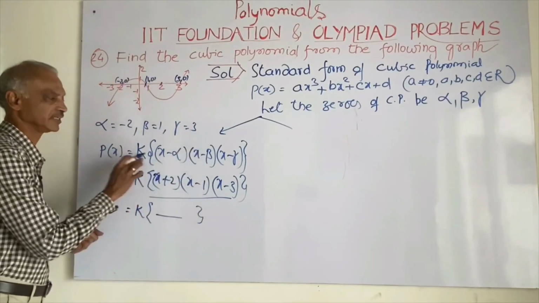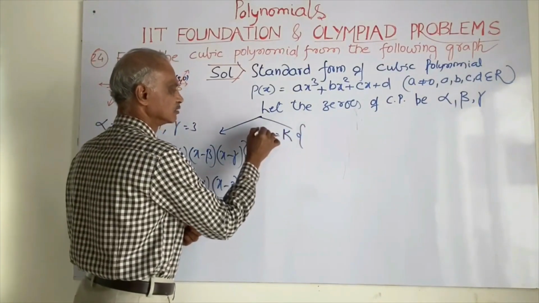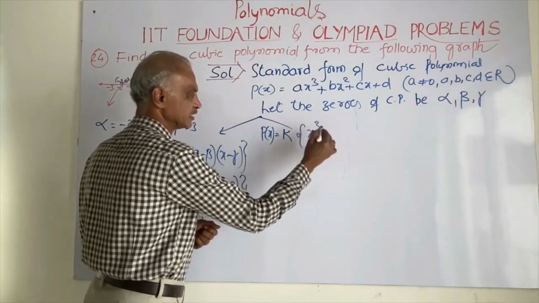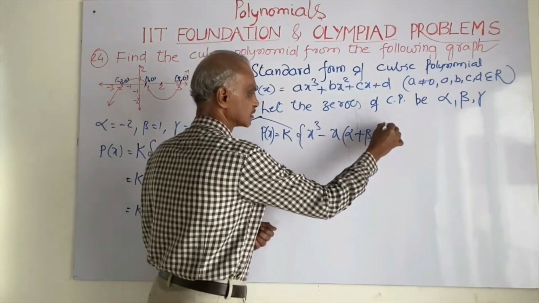If you multiply these three, what is the polynomial you have? k into x cube minus x square into the sum of zeros, alpha plus beta plus gamma.